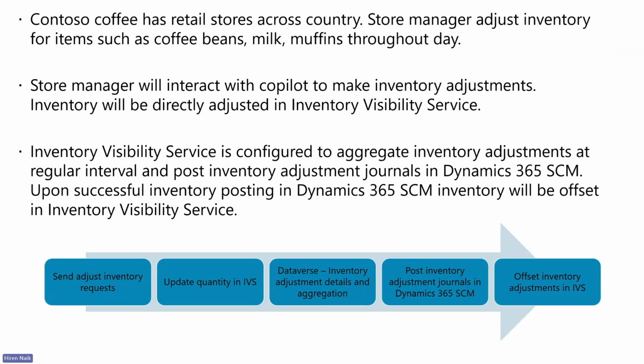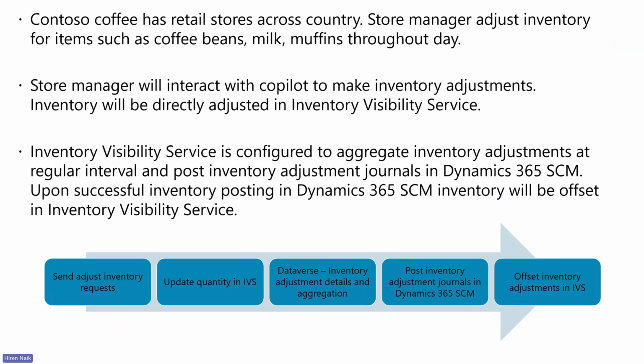But as part of this demo, I'll showcase how the store manager will interact with Copilot and how the store manager will update the inventory to the inventory visibility service using the inventory visibility service business layer. Then my inventory visibility service is configured to run the aggregation logic, and it will aggregate all the inventory adjustments at regular intervals, sync these inventory adjustments into the inventory adjustment journals, and post those.